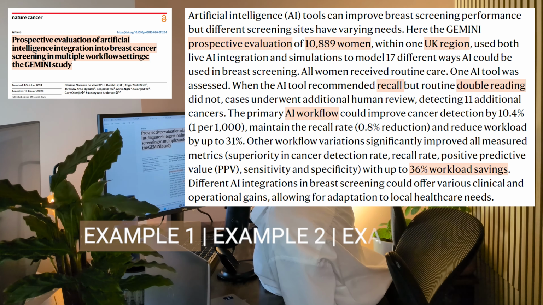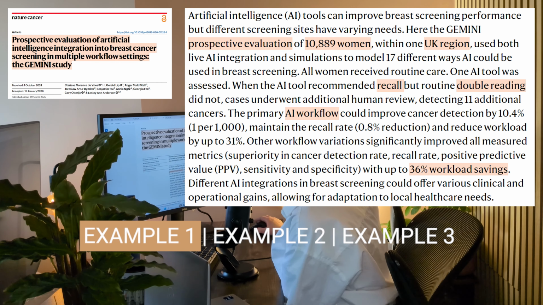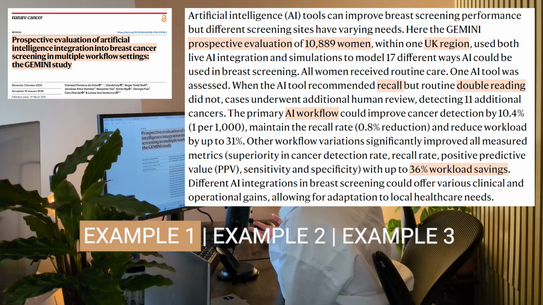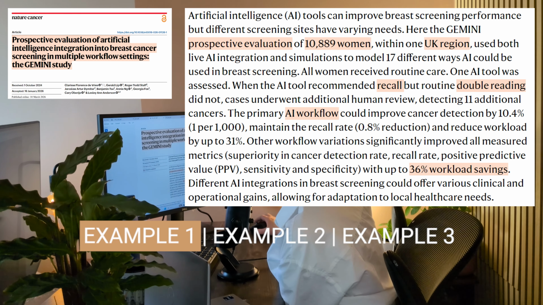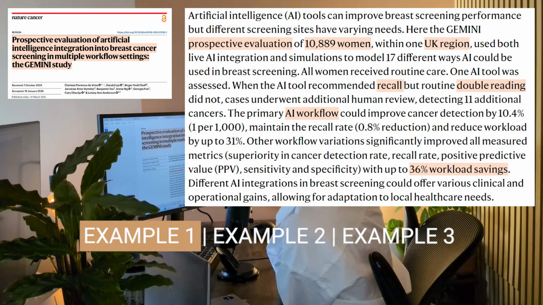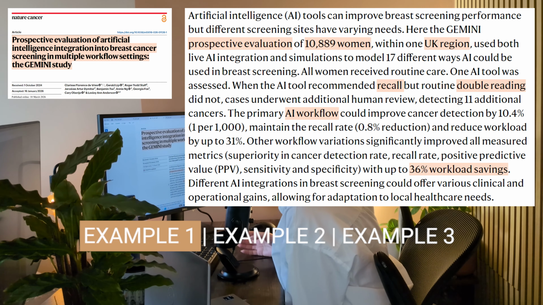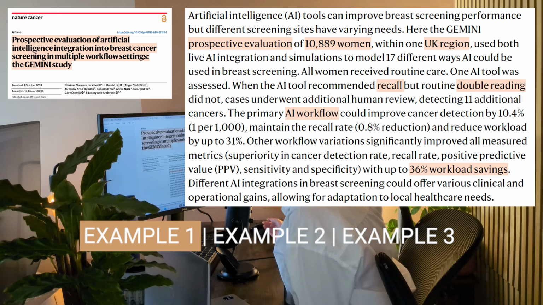The first paper that we're going to discuss is from Nature Cancer. It was published in January of 2026, and it's around AI in breast cancer. Now, the first thing I would do as an experienced reader, and that you should get into the habit of doing regardless of what level you're at, is noticing some keywords to help you form a quick understanding in your mind of what this paper is and what was done.